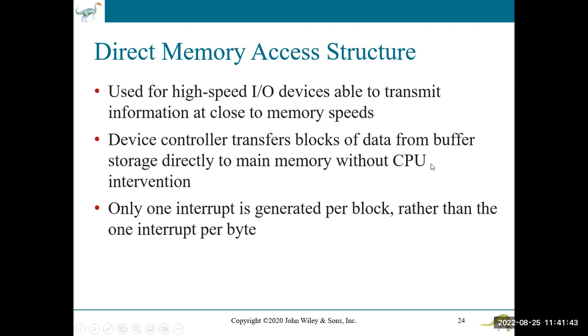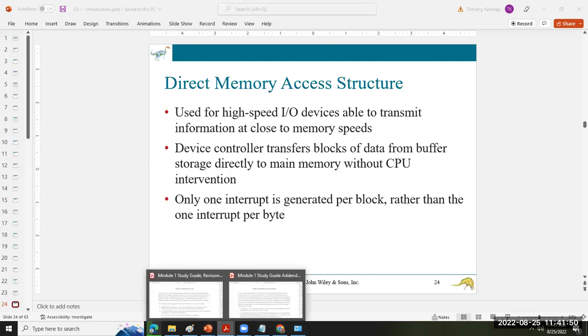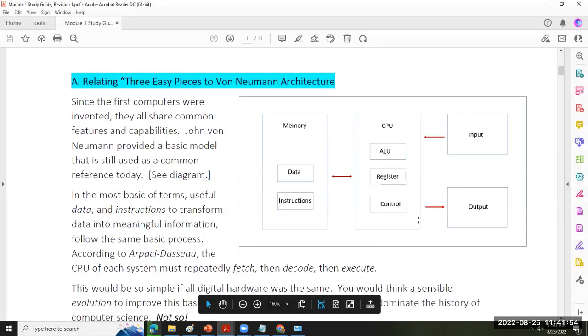So what we're saying is, from the von Neumann diagram, and here's the von Neumann diagram, right? Ordinarily, whenever you're running to and from memory, you're working through the CPU. An innovation for operating systems was to include something called DMA, or direct memory access.